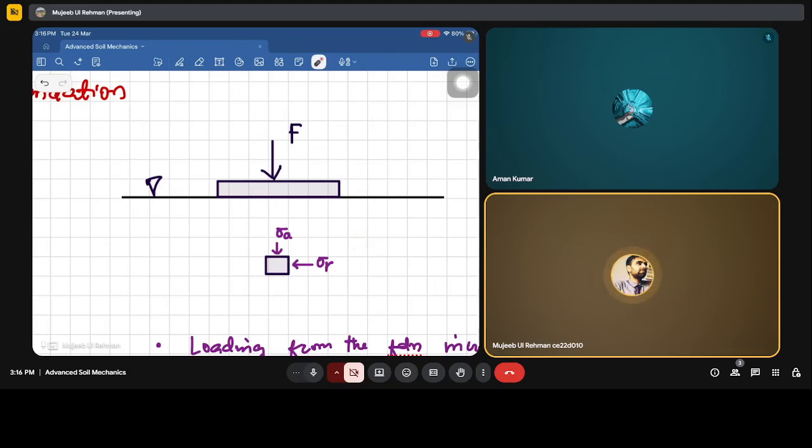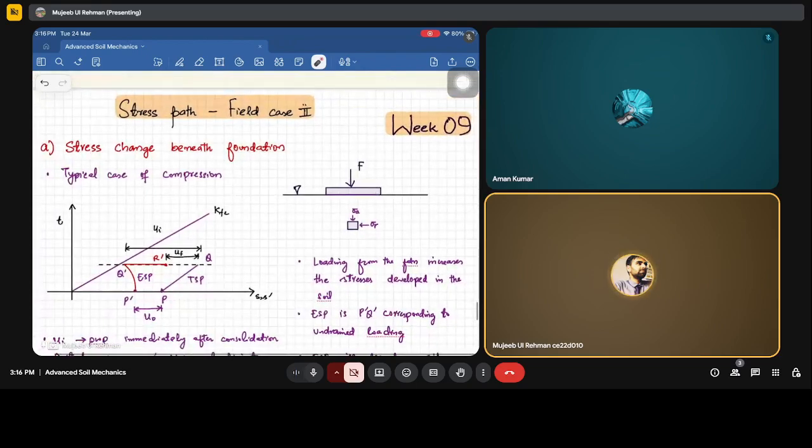When the foundation imposes some load, there will be an axial stress sigma A and a radial stress sigma R. Now at this point, sigma A will have the overburden plus the load coming from the foundation.